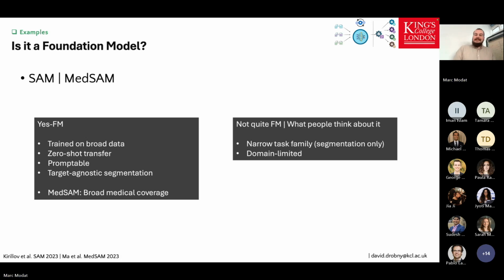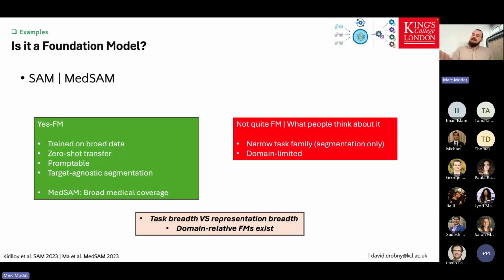Possibly limited on the modality. But then in the end, we would say it is a foundational model. And when you talk about scope and breadth, this might very much depend. So everything is relative to a degree. And depending on your domain, you might be limited in how general you can possibly be.